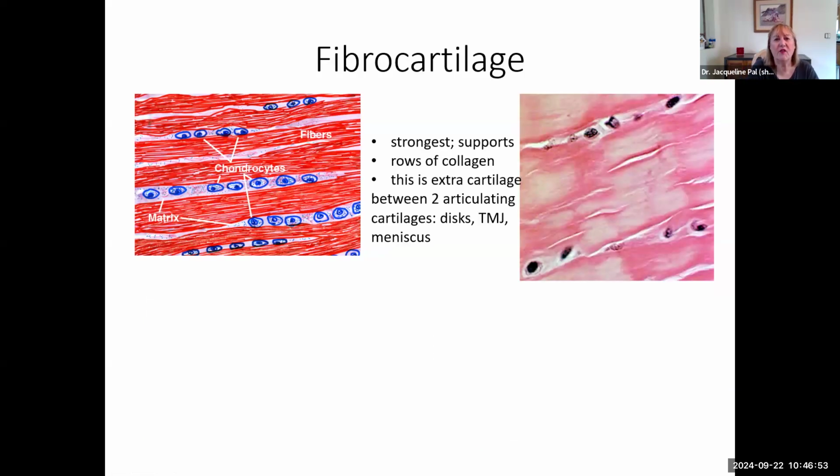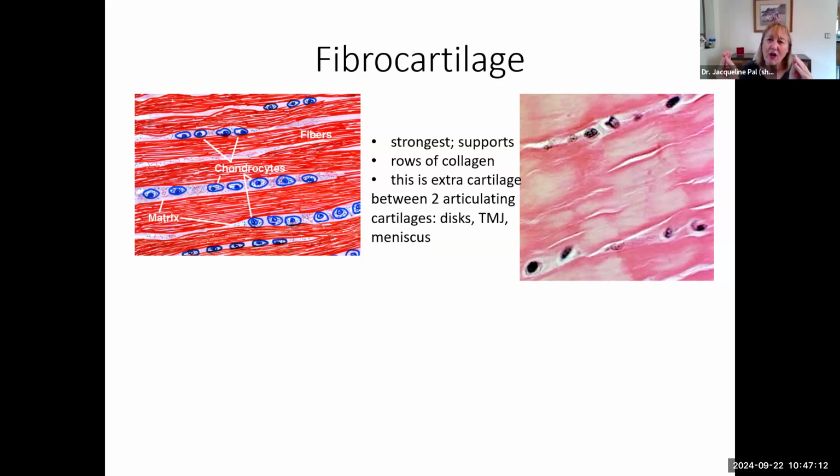Now, contrast that with fibrocartilage, which is the strongest because it has rows and rows of collagen. And if you have fibrocartilage at an articulation, this is an extra piece of cartilage. So what does that mean?